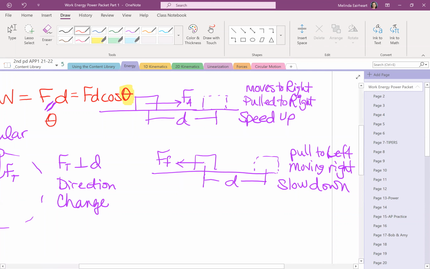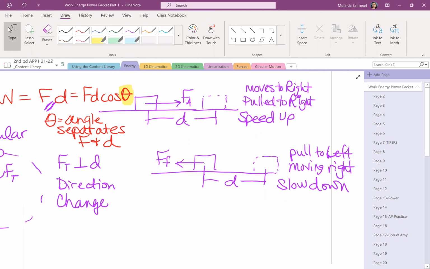This is the angle that separates your force and distance. And so if you pull something to the right and it moves to the right, what angle separates right and right? 0.